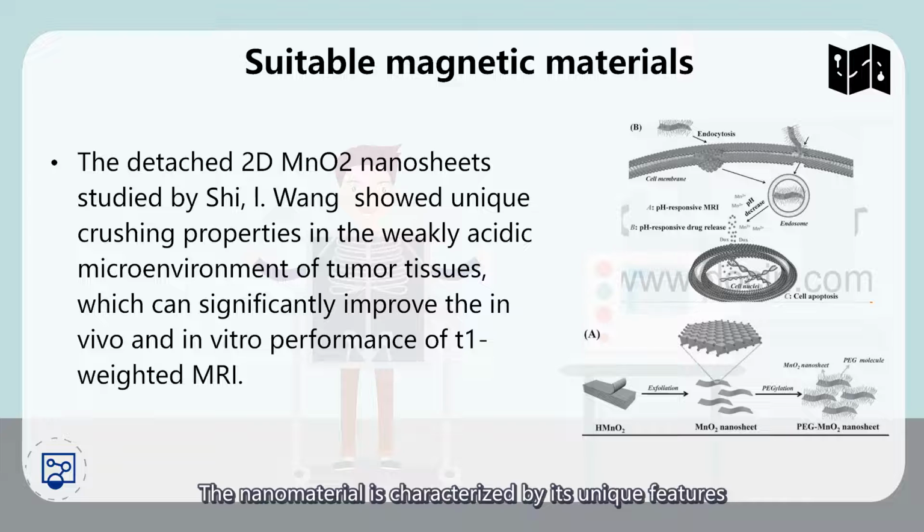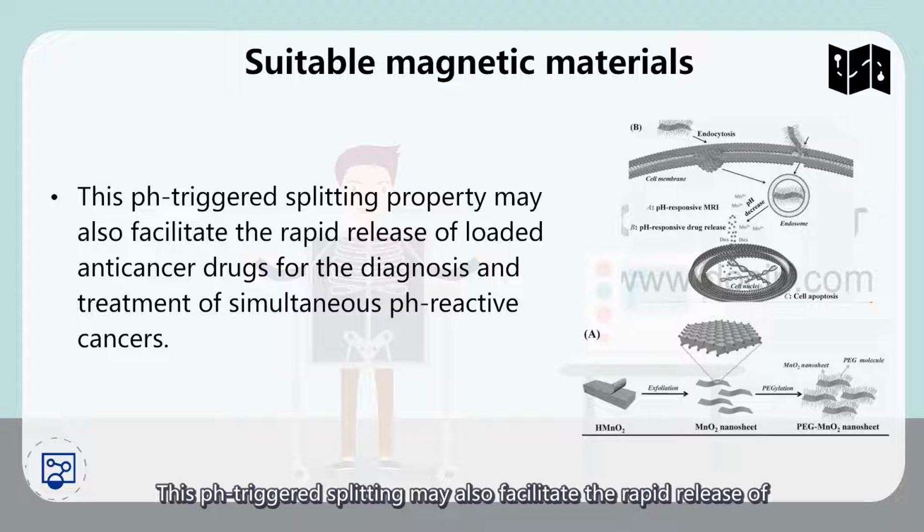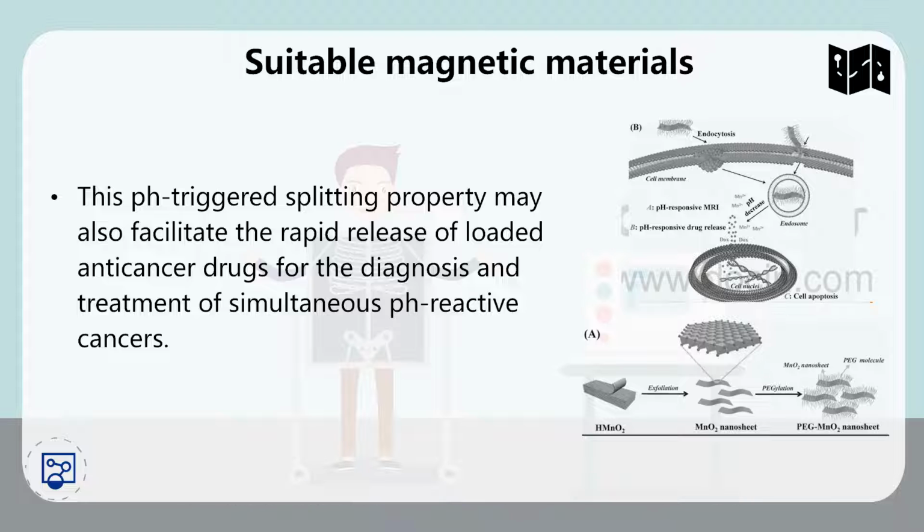The nanomaterial is characterized by its unique features in the weakly acidic microenvironment of tumor tissue, which can significantly improve the in vivo or in vitro performance of the T1 weighted image. This pH-triggered response may also facilitate the rapid release of loaded anti-cancer drugs for the diagnosis and treatment of pH-responsive cancer.